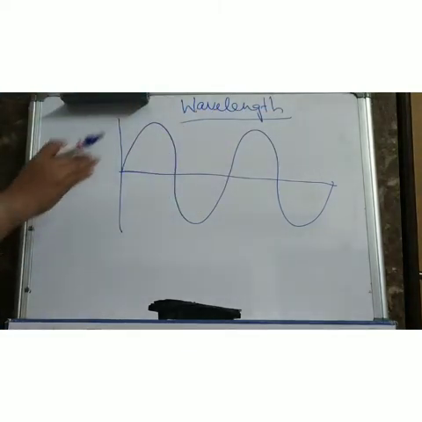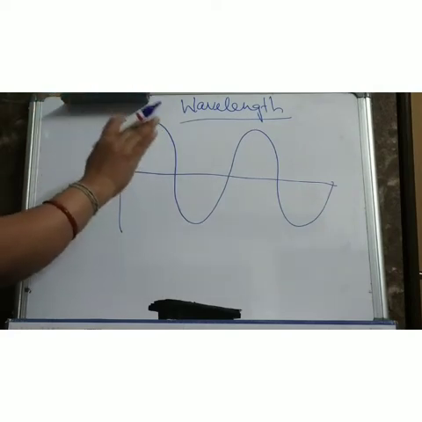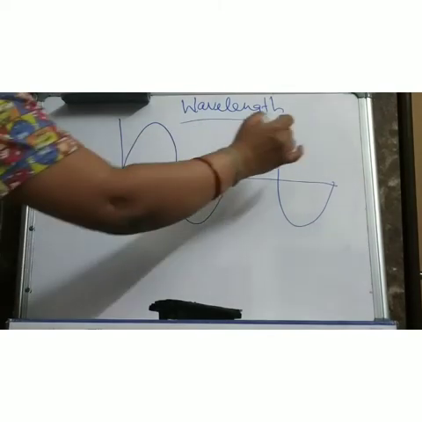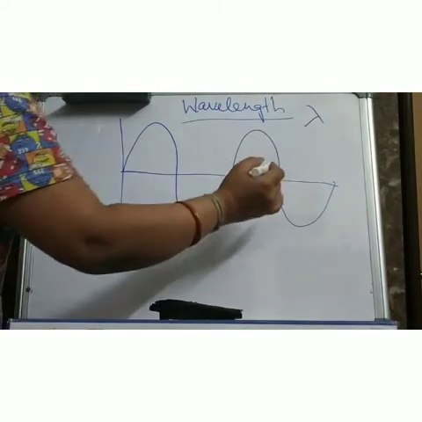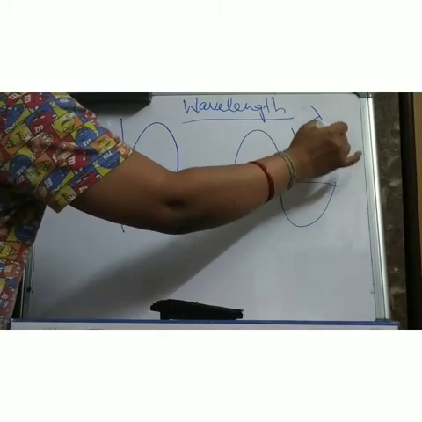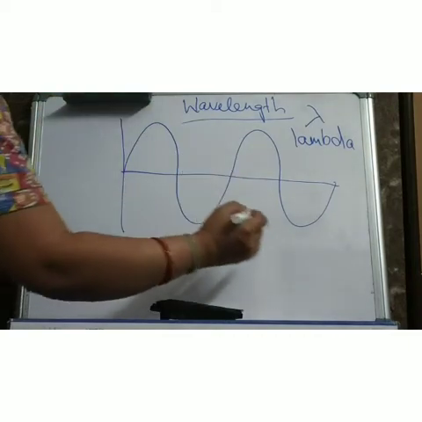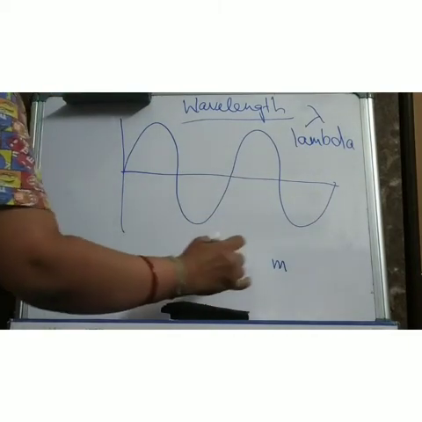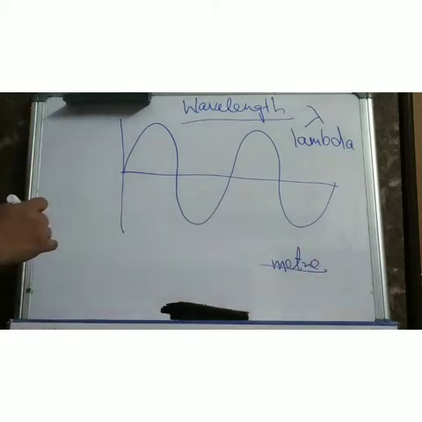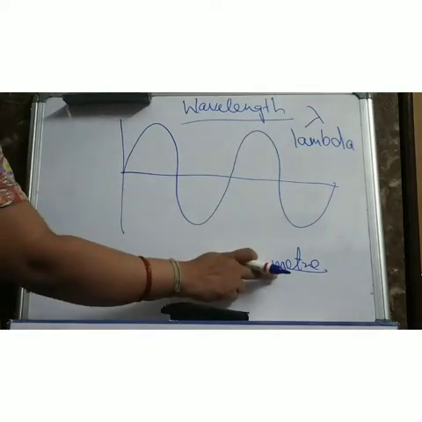So wavelength is the length of a wave and it is denoted by the Greek letter lambda, and it is measured in meter. So wavelength is denoted by lambda and measured in meter.